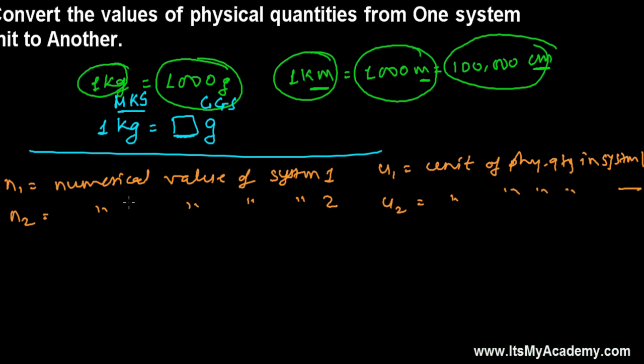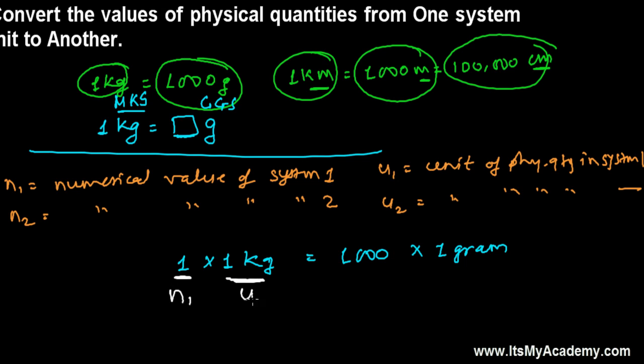All right, so we have a relationship always, as I told you, like 1 times 1 kilogram equals 1000 times 1 gram. Here this 1 represents n1, the numerical value of the quantity in system 1, and this 1 kg represents u1.